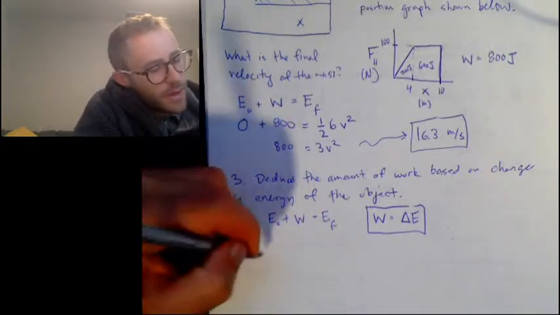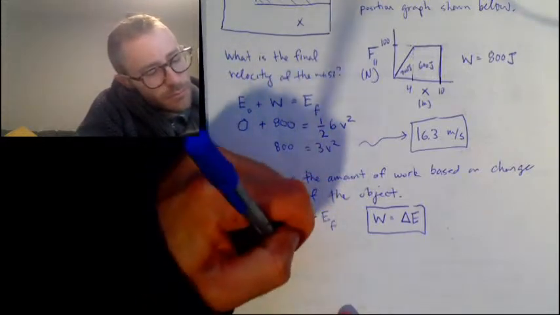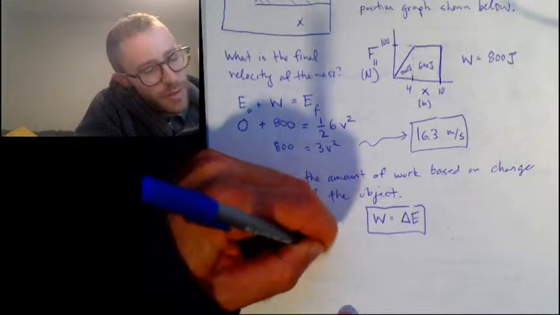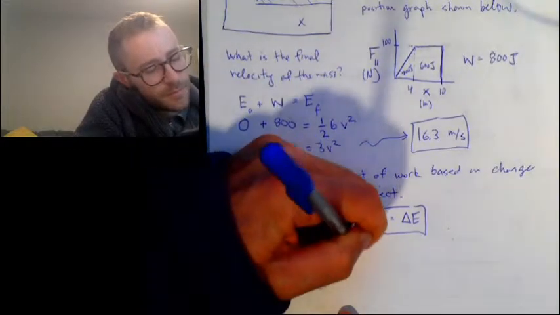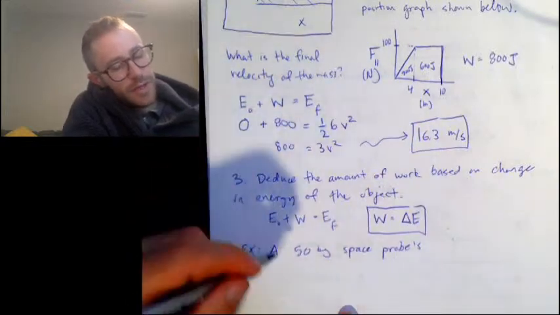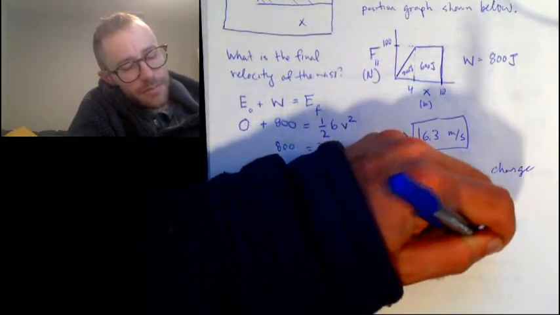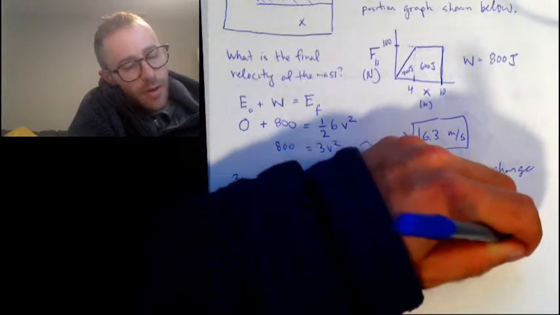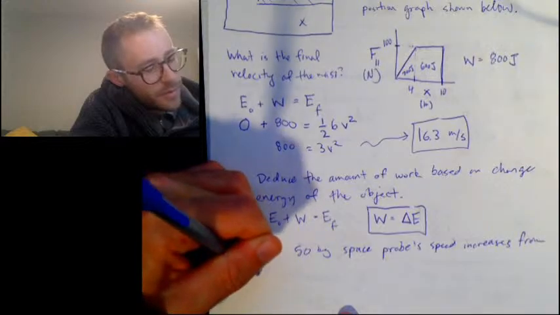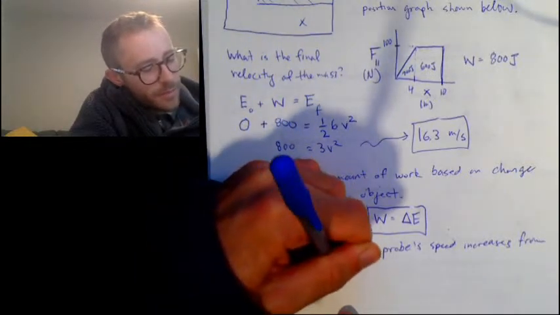Let's say a 50 kilogram space probe's speed increases from 200 meters per second to 300 meters per second.